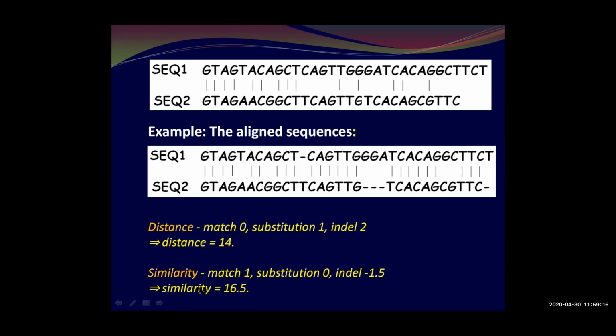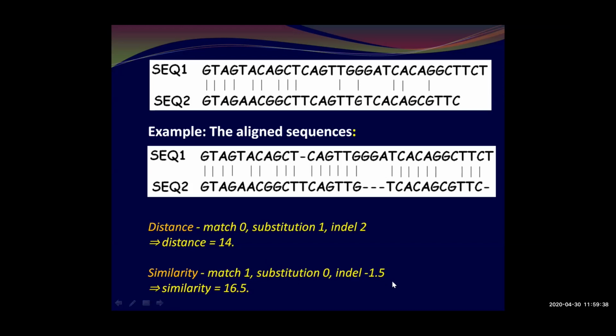Now, if we want to calculate the total similarity of the sequences, what will we do? We will count the perpendicular lines first, because each perpendicular line indicates a match. So 24 perpendicular lines are there, as we already calculated. So for matches, the score will be 24 into 1, 24. Substitution, no score, will not count.